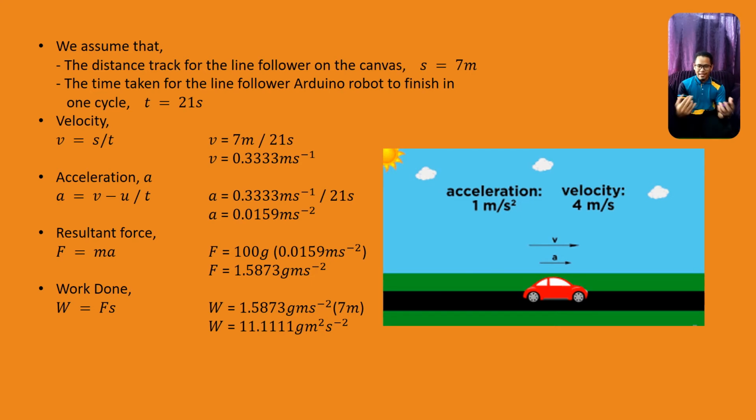And last one, work done W is equal to Fs, where F is equal to 1.5873 times 7 meter. And we should get work done is equal to 11.1111 gram meter squared per second squared.